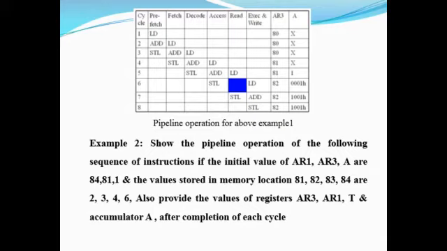AR3 content is incremented because it is post increment, so it is plus 1. So 80 is now changed to 81.